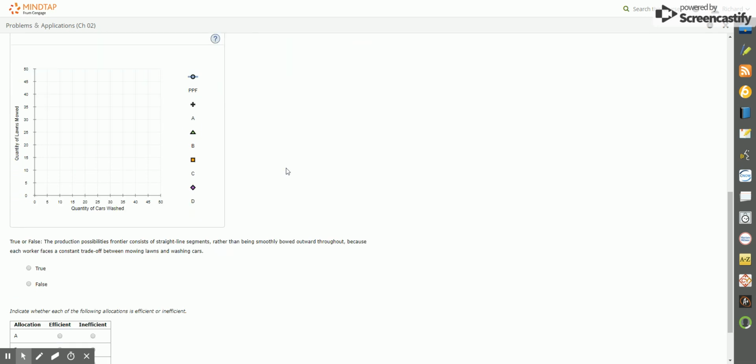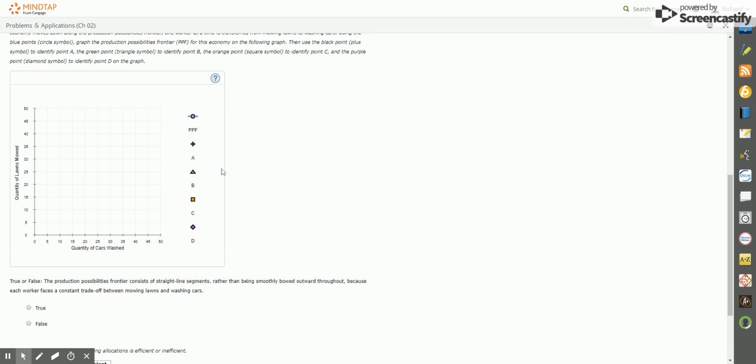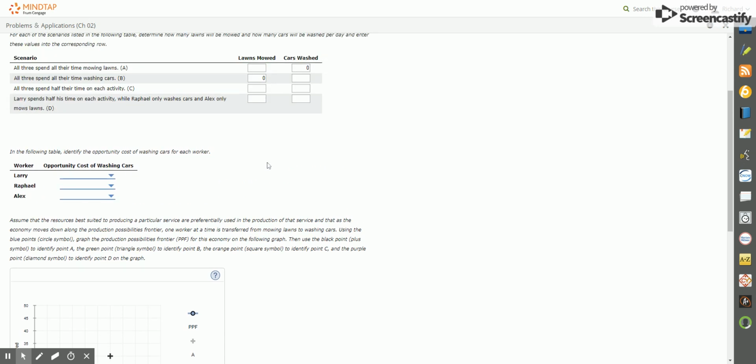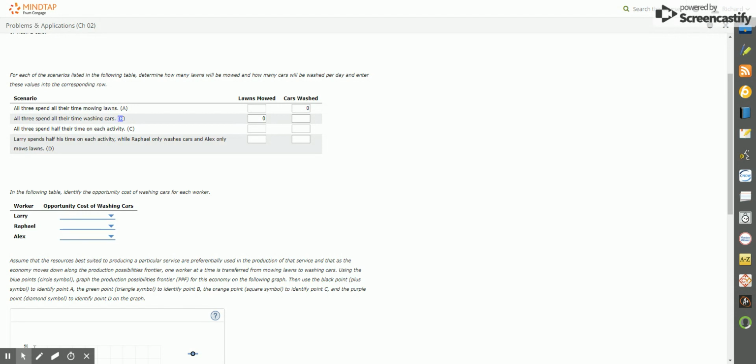After that, though, what you're going to do is put in these other dots, A, B, C, and D, and they're going to correspond. Obviously, I've just dropped them in there in the wrong places, but they're going to correspond to these A, B, C, and D points up here.